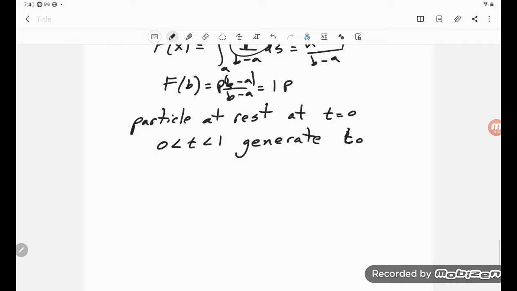This is where I really think you need some different names than everything just being lowercase t. So we generate our t0 inside this interval uniformly.